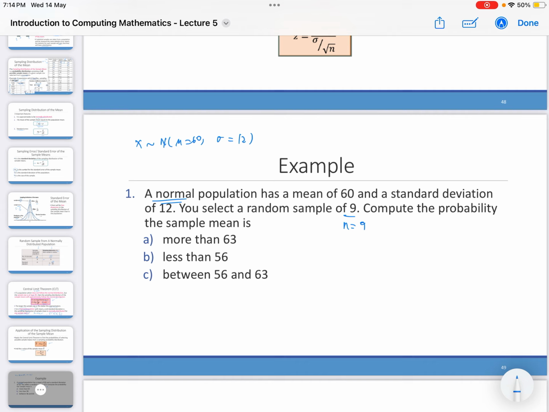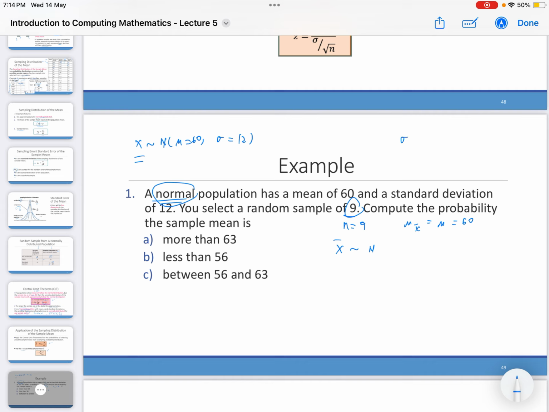Okay, since the population x is normally distributed, for any sample size n, x bar will always be normally distributed. So for this one, x bar is normally distributed. Okay, and then the mean for x bar is equal to the population mean, which is 60.